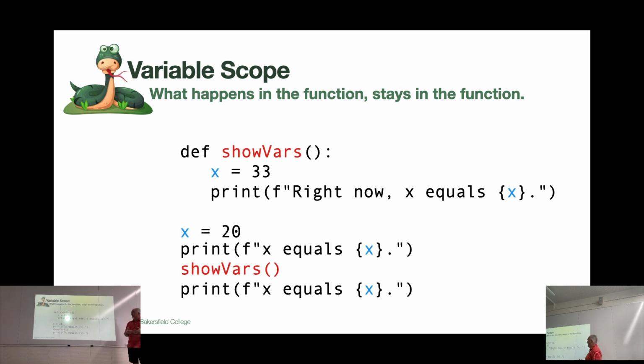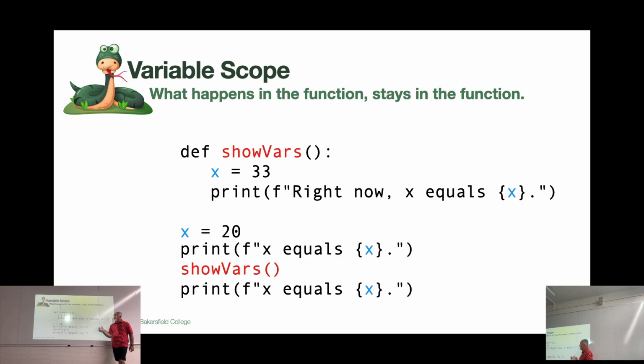So, for example, if I have a function here that defines a variable inside the function, mind you, as x equals 33, and then it prints "right now x equals" x. Every time I run that function, it's going to print x equals 33.